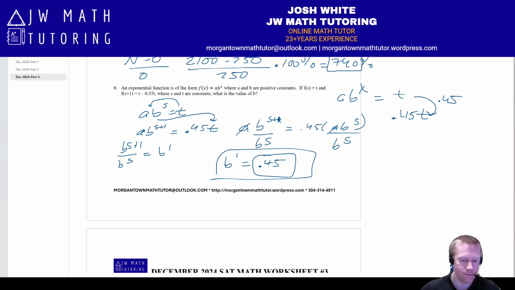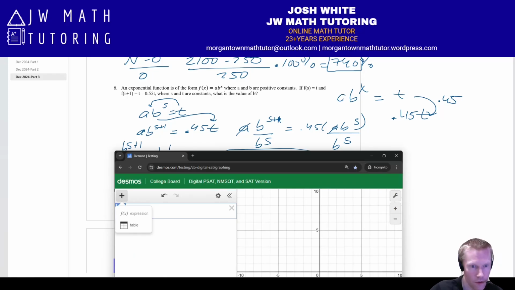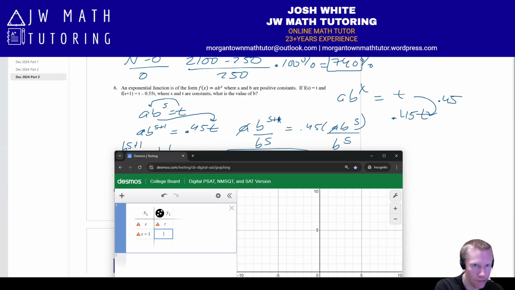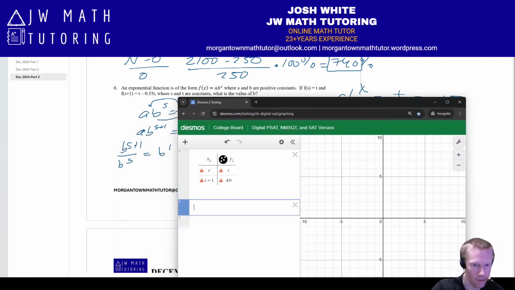Now, I'll also just show you real quick how you could do this in Desmos as well. So what we can do is we can make a table, and I'm going to put s and t here, and here I'm going to put s plus 1, and here I'm going to put, you could just make it 0.45t, or you could type in the whole thing of t minus 0.55t if you want to do it that way.